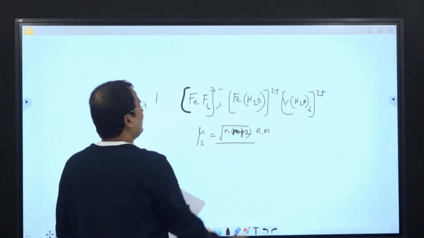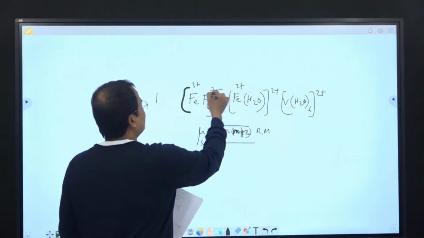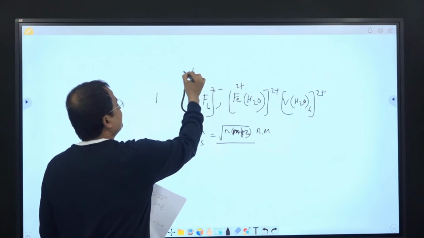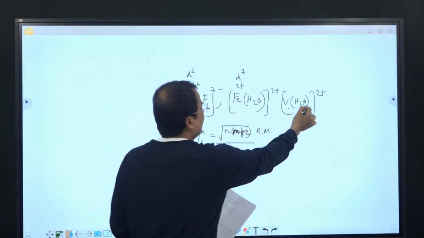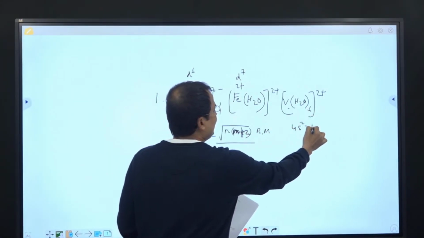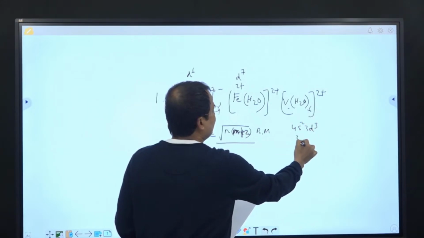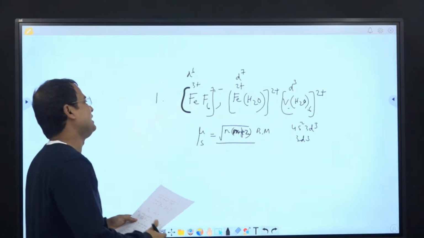It is Fe3+ oxidation state, and Fe2+ oxidation state. 3+ means it is a d5 system, 2+ is a d6 system, and vanadium is 4s2 3d3, so 2+ means it is a 3d3 system. So very easy questions.